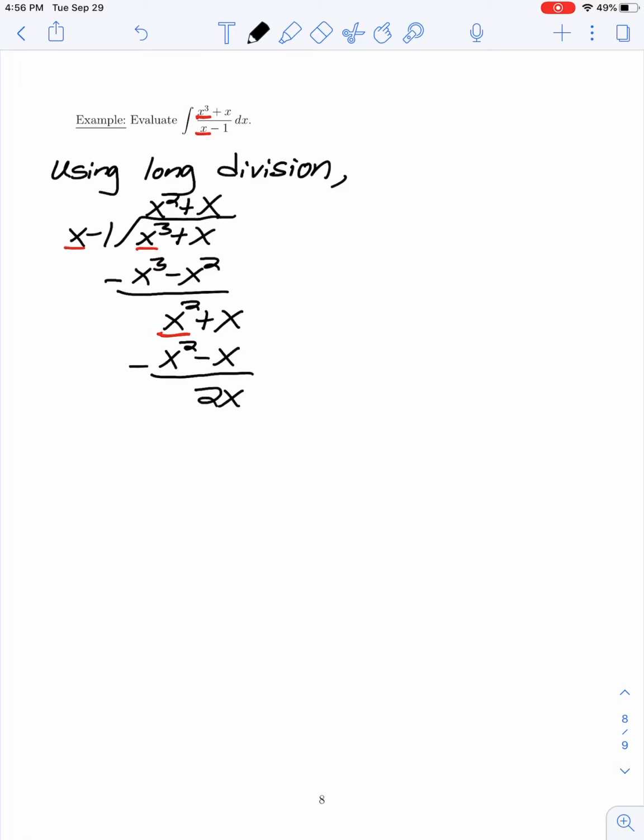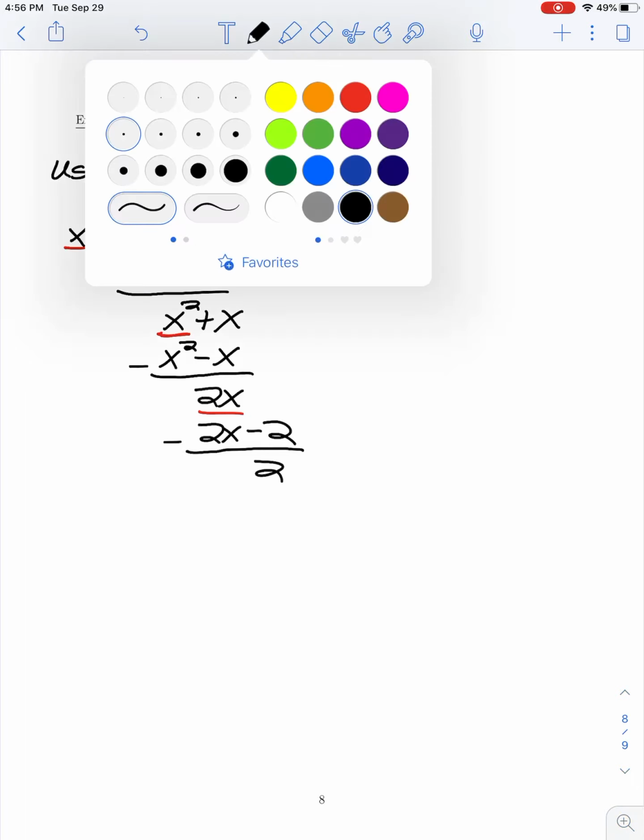And subtracting it from our previous remainder, the x squared terms cancel, and I would be left with 2x. So again, comparing those lead coefficients, in order to get 2x from our x to the first power, I would have to multiply by 2. So 2 times (x - 1) would give me 2x minus 2. And subtracting that from our previous remainder, the 2x terms cancel, I would be left with 2.